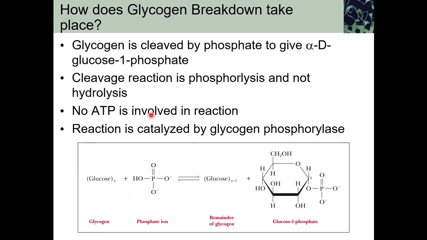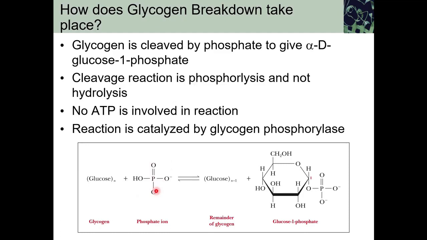So this phosphate ion attacks the glycogen, releasing glucose 1-phosphate. In other words, you have glycogen that is one glucose molecule shorter, and you have glucose 1-phosphate as the product of your reaction. The cleavage reaction is phosphorolysis and not hydrolysis, because you're using a phosphate ion instead of water in cleaving the molecule into its components.